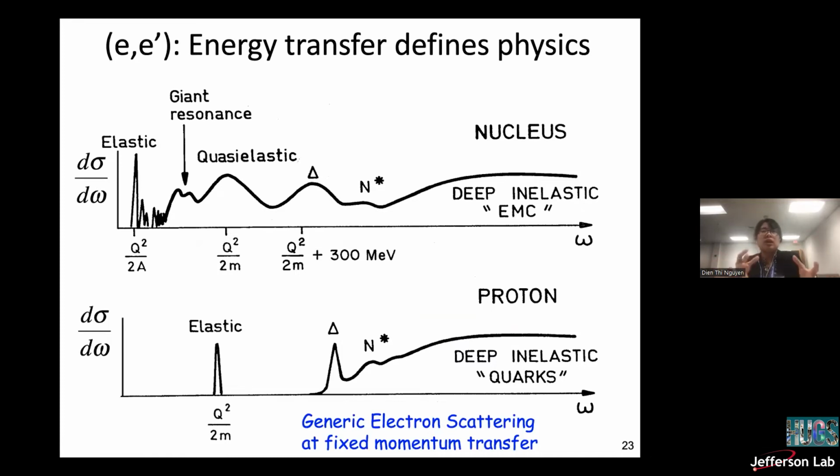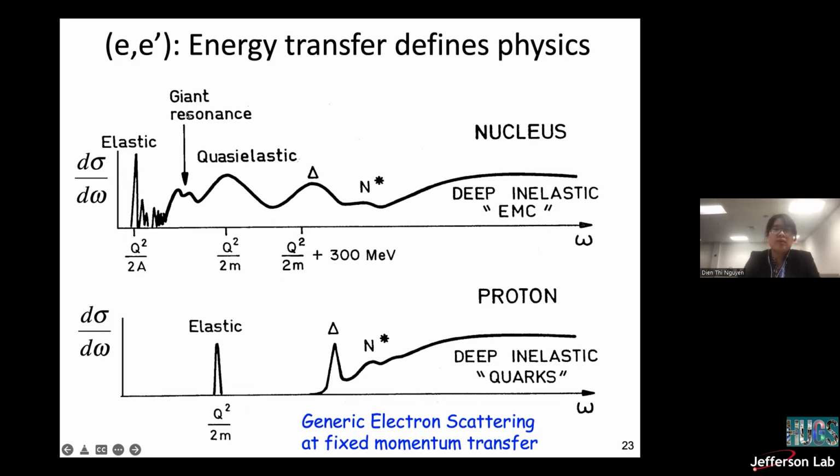The nucleus is a combination of protons and neutrons, and it has a binding energy, right? That makes it a little bit different, so the cross section, the response function, will change slightly. It will have the elastic peak, corresponding to Q squared divided by 2 times the mass of that nucleus.